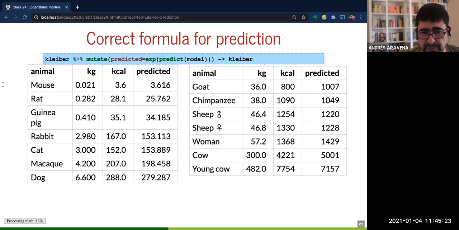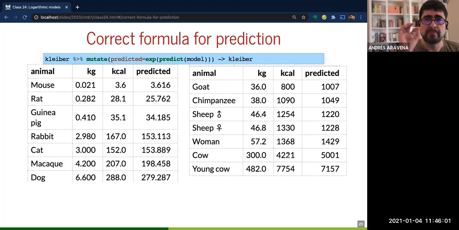Now compare the numbers: 3.6, prediction 3.61; 28, 25; 35, 34; 167, 153; 152, 153; 200, 198; 288, 279; 800, 1000, 1000, 1000; 1.2, 1.2, 1.3, 1.2, 1.3, 1.4; 4,000, 5,000, 7,000, and 7,100.